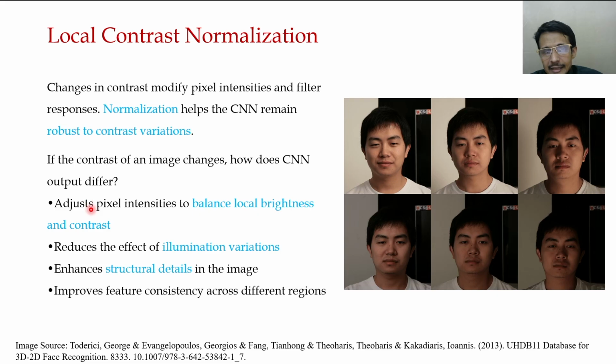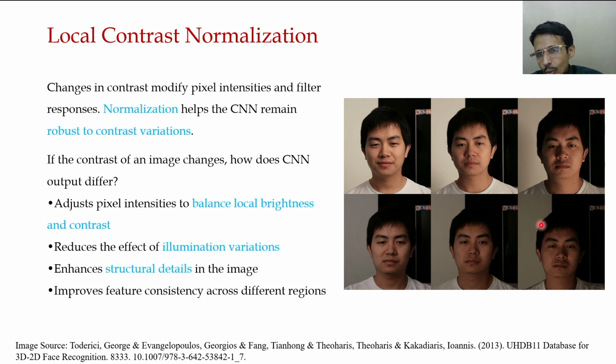So an adjustment in the pixel intensity is required. It reduces the effect of illumination variation, because the illumination is different in this image and that image, and enhances the structural details in the image.